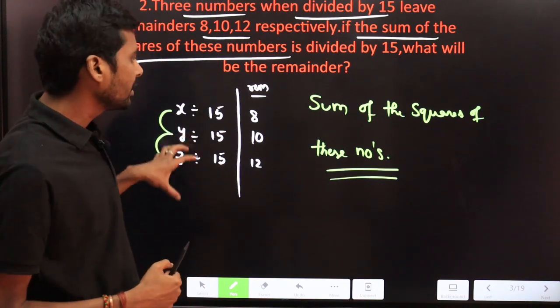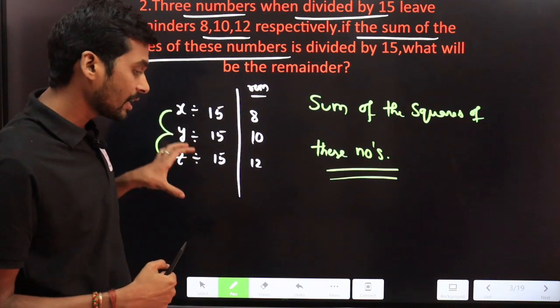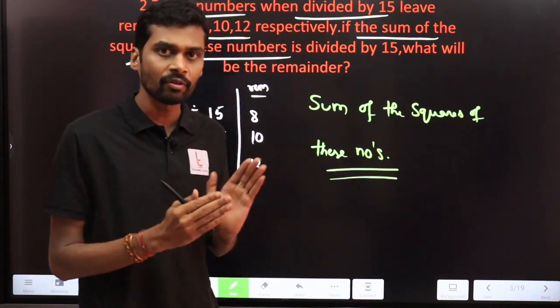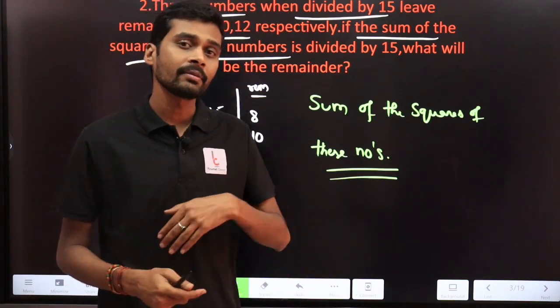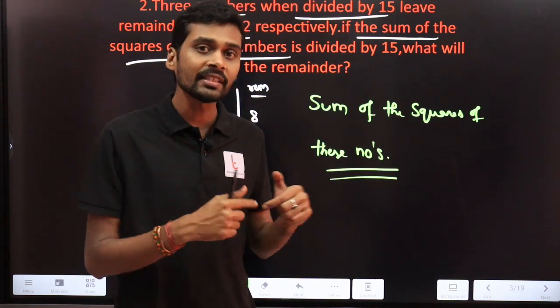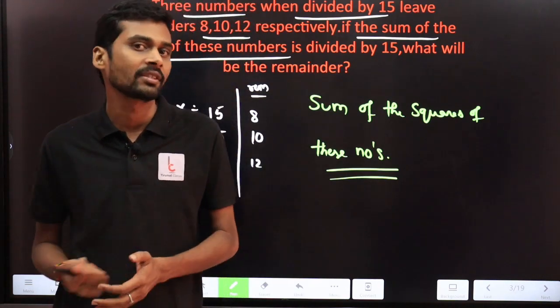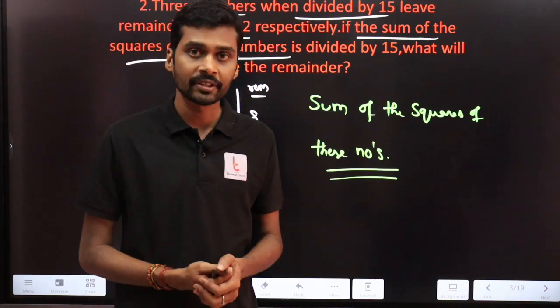The three numbers we are taking are x, y, z. Can we take (x plus y plus z) whole squared, or is it x squared plus y squared plus z squared? Which is correct?